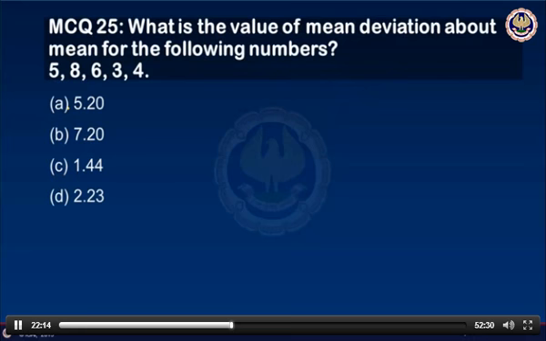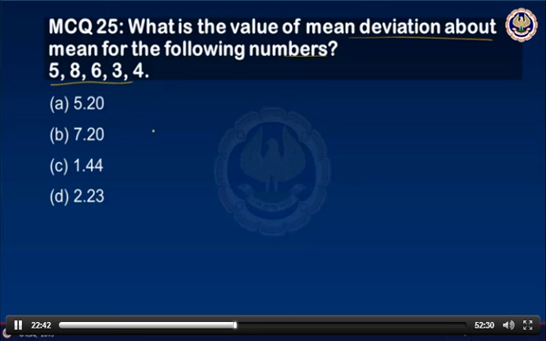Next question is as follows. What is the value of the mean deviation about the mean of the following numbers? Now look at the data: 5, 8, 6, 3, 4.